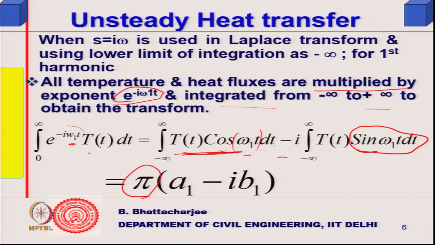And a pi term will come after integration actually, because remember it was pi by 2, and now I am integrating from minus infinity to infinity. So a pi term comes.